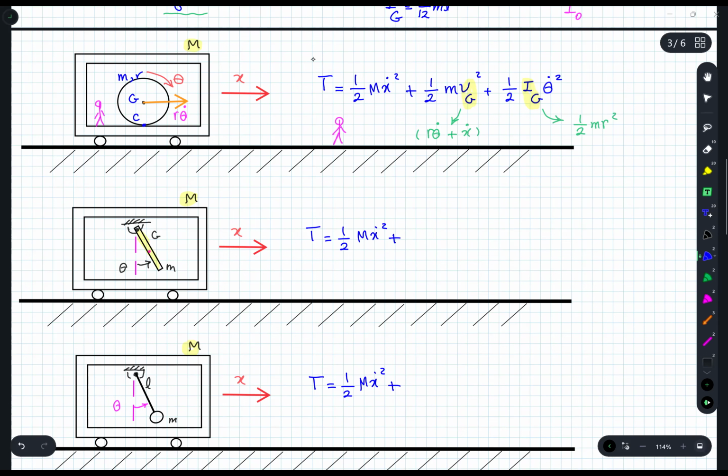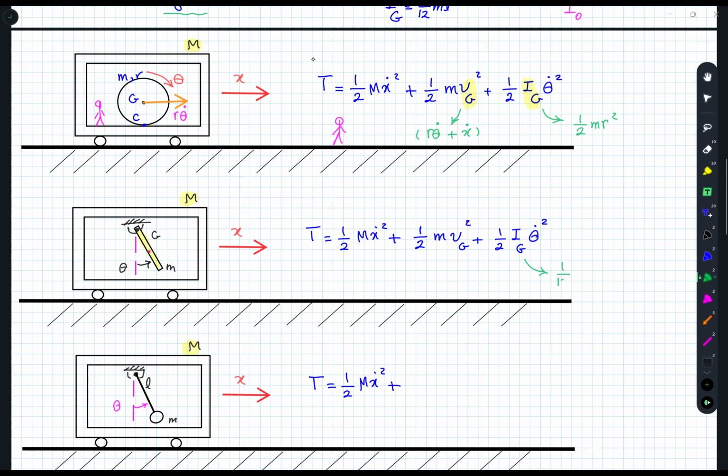Using the same concept here, I have half of m for this link, Vg squared plus half of Ig theta dot squared. All right. Ig for this link is 1 over 12 m l squared. What about Vg?